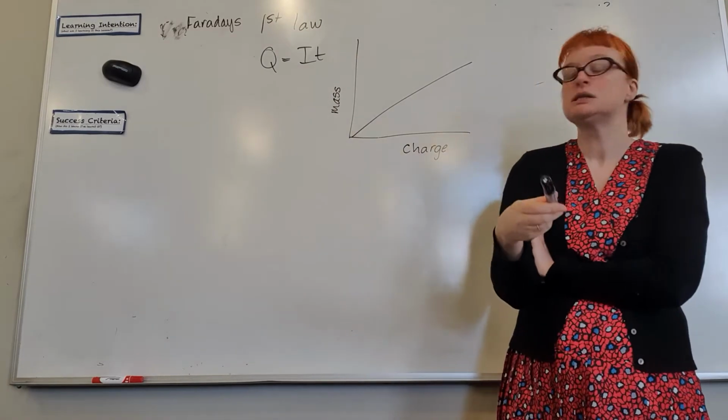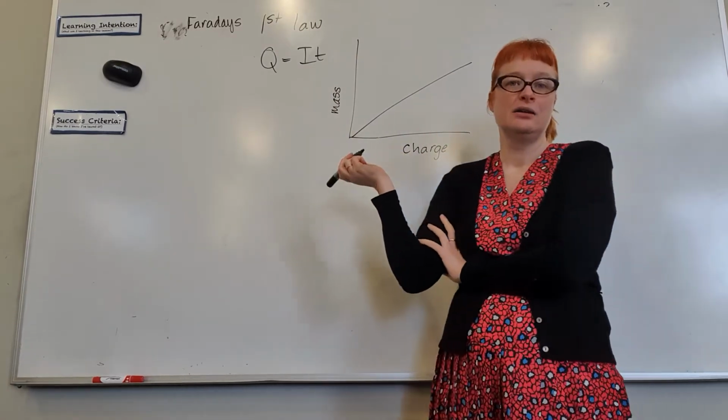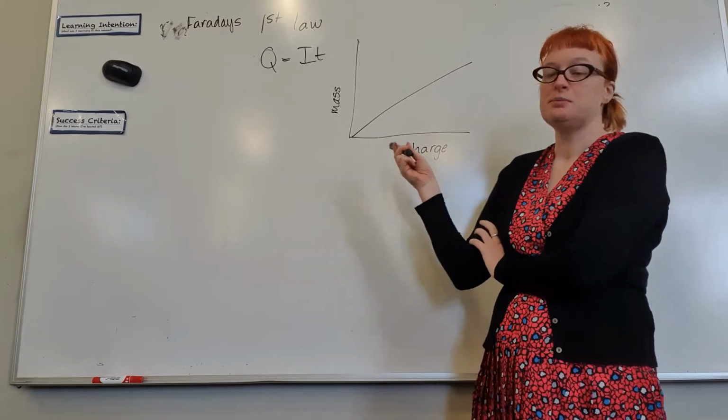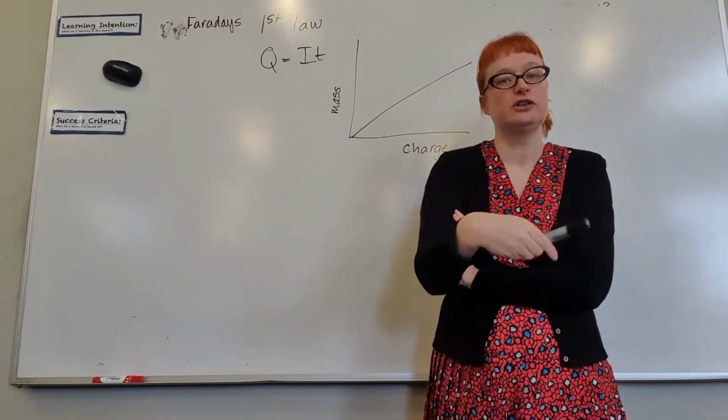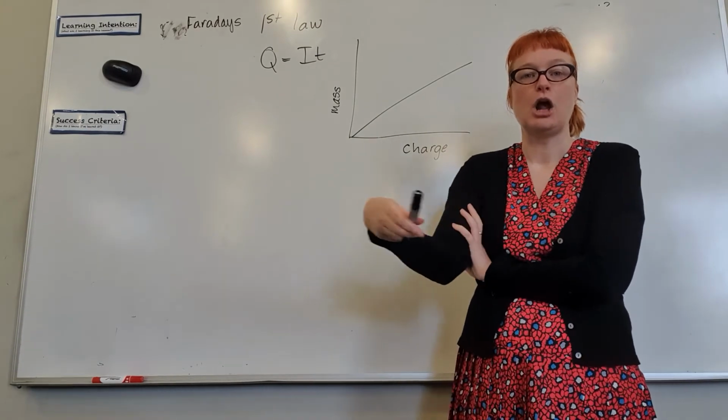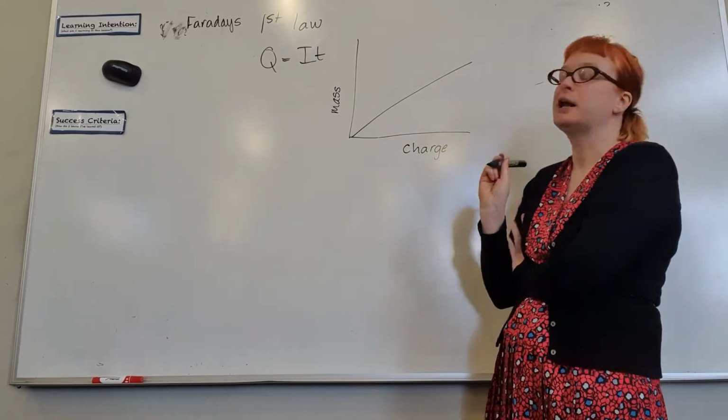Put the charge in pretty low, we get some mass added on my spoon. Apply lots of charge, either over lots of time or a lot of it at one point, we're going to end up with more mass.